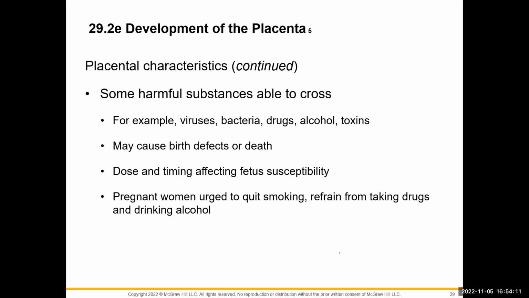So you can see the list of harmful substances here on the screen. Obviously, viruses, not good. We want to prevent viruses, bacteria, certain pathogens, drugs, alcohol, and toxins from being able to cross. Unfortunately, we can't do that for everything, but it does it for many things.